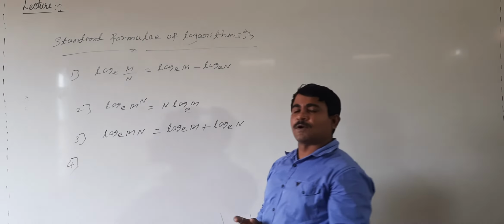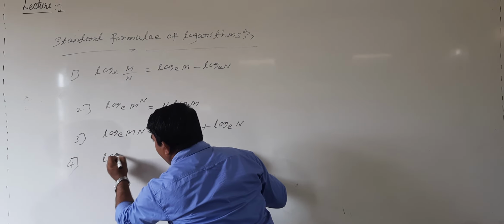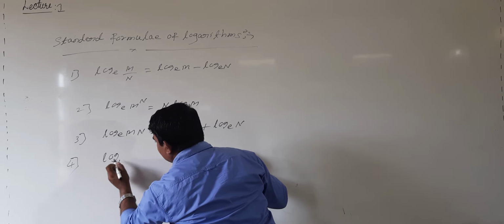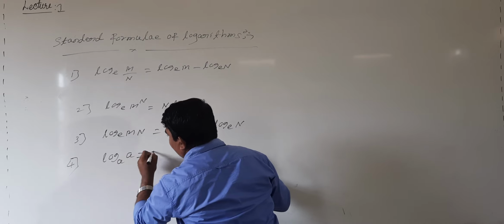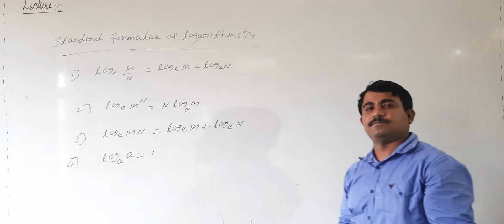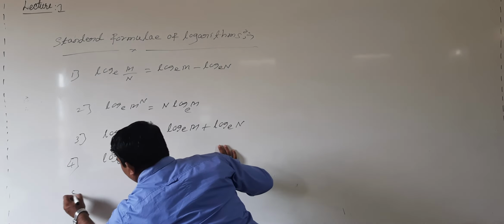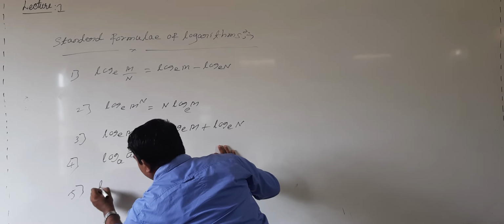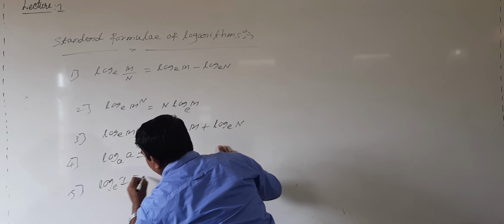And one more is actually a standard value, not the formula. Logarithm to the base a of a equal to 1. And one more, logarithm to the base e of 1 equal to 0.